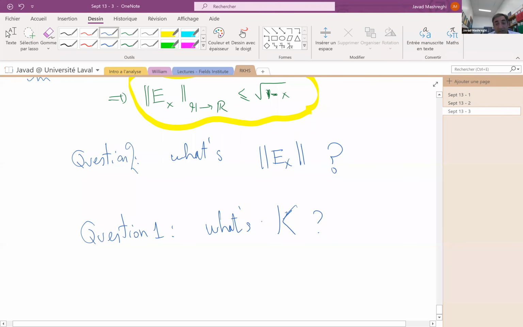This is what we will do next week. We will find K, and we will see. For that, we need techniques from distribution theory and ordinary differential equations. It's not an easy task, but at the end of the day, we will succeed. We will obtain the kernel K, and then we will use the kernel to obtain the norm of Ex.